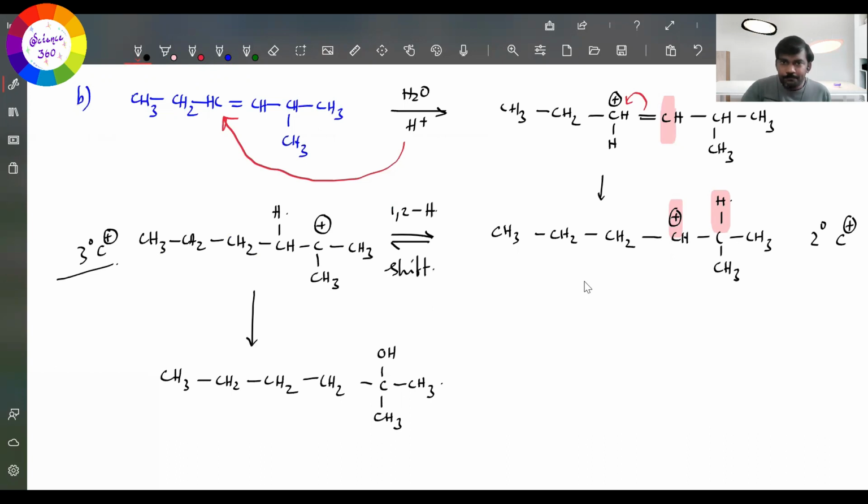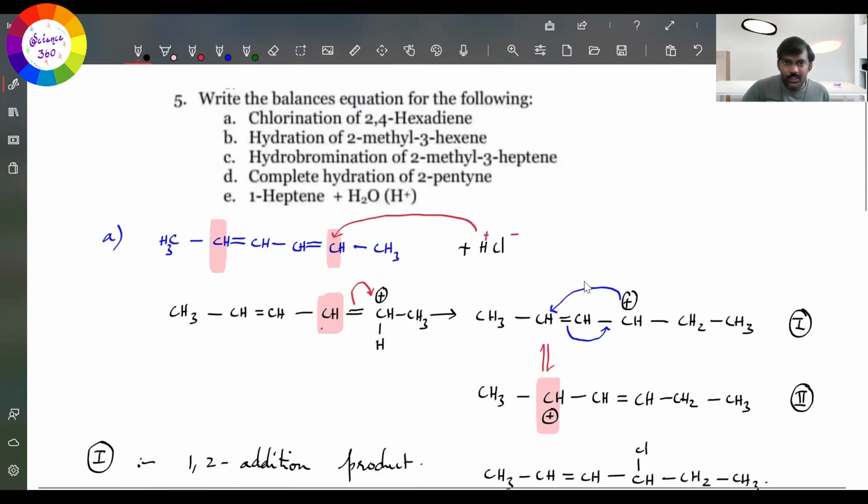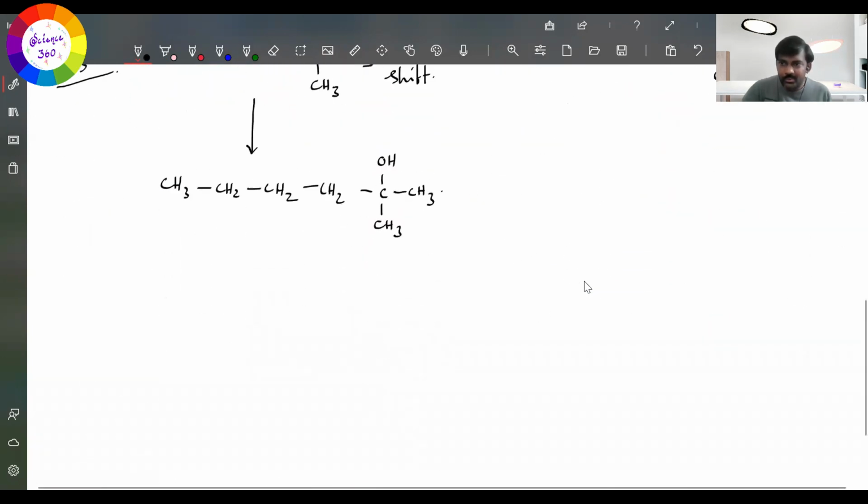Next, the third one we'll see. The third one is the hydrobromination of 2-methyl 3-heptene. First we will write 2-methyl 3-heptene. So total 7 carbons, 2-methyl here, and 3-heptene here.